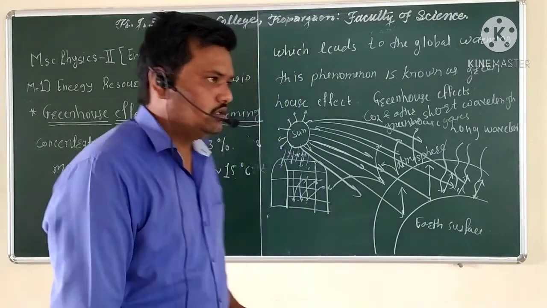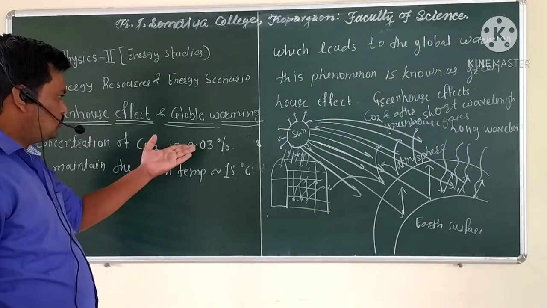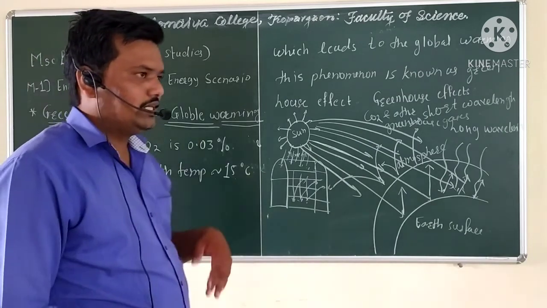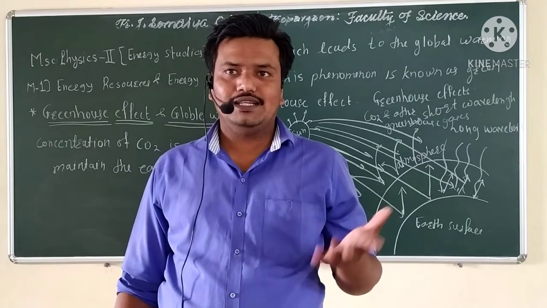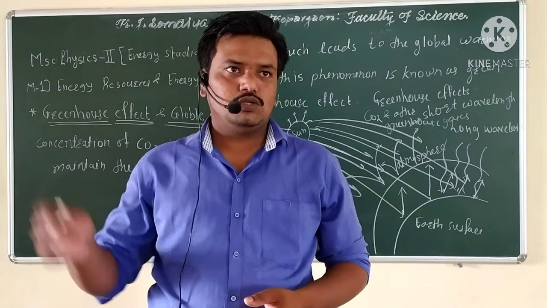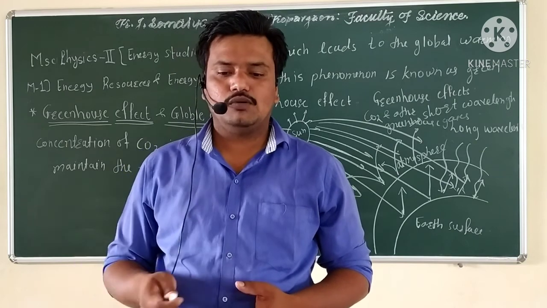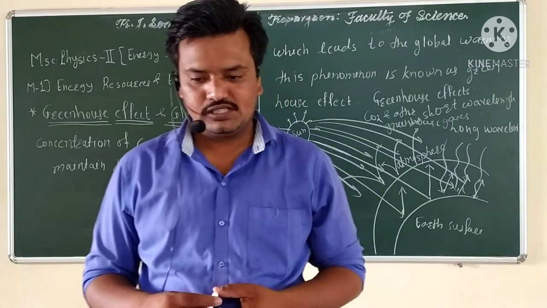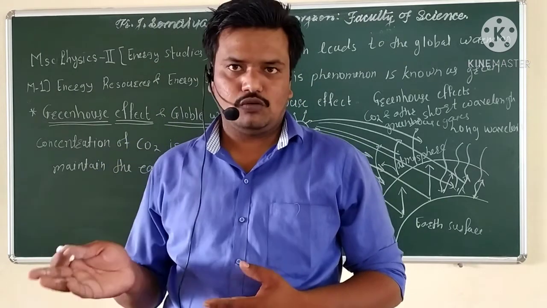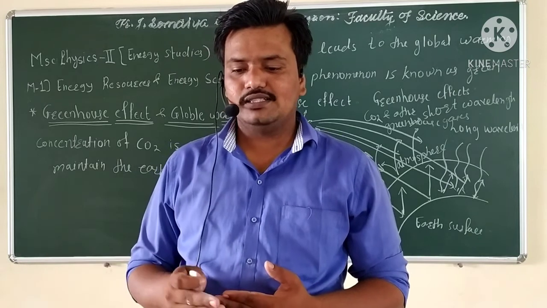In the absence of this layer of CO2, the temperature of the earth would be nearly minus 25 degree Celsius, and the frozen cold above the earth atmosphere is minus 25 degree Celsius. So that is the temperature of the outer atmosphere, and it could further increase.